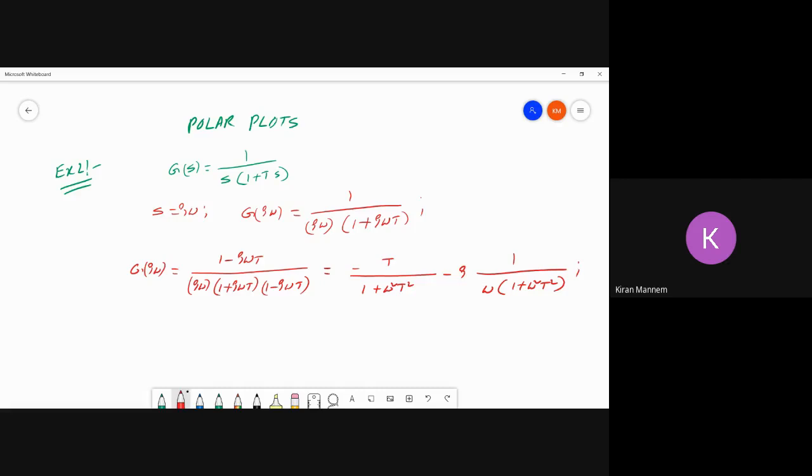The real term will be minus t by 1 plus omega square t square, minus j into 1 by omega into 1 plus omega square t square. Very simple. The j omega in the imaginary term gets cancelled, so it will be minus t by 1 plus omega square t square. Very simple equation. Simple mathematics.